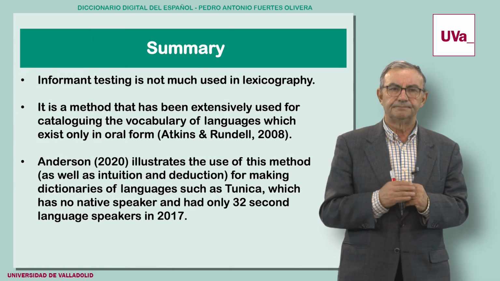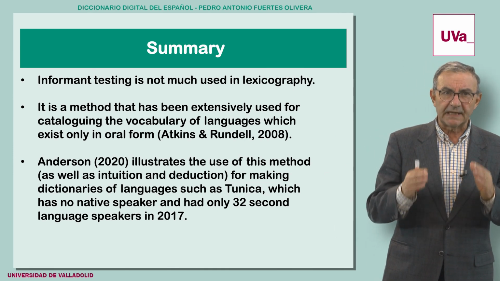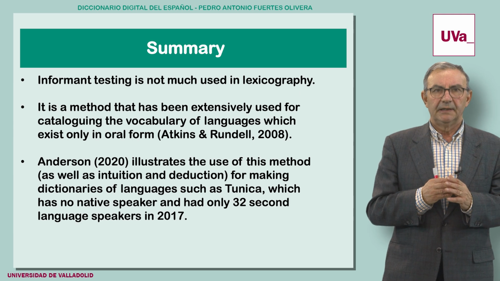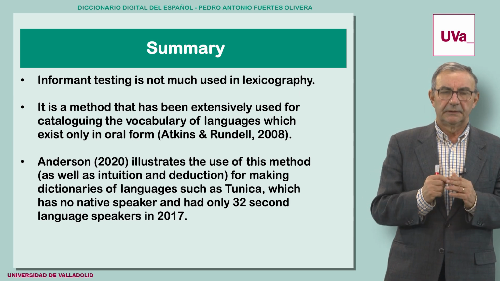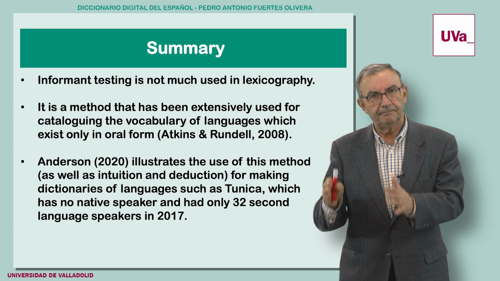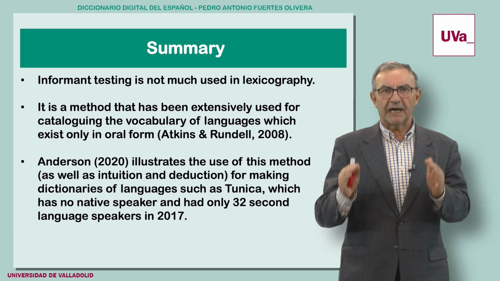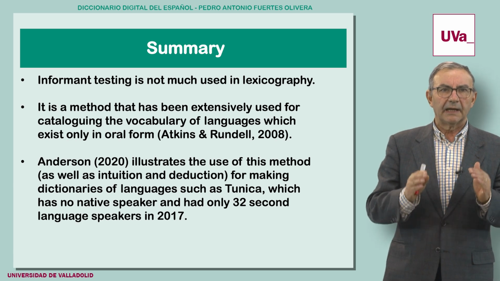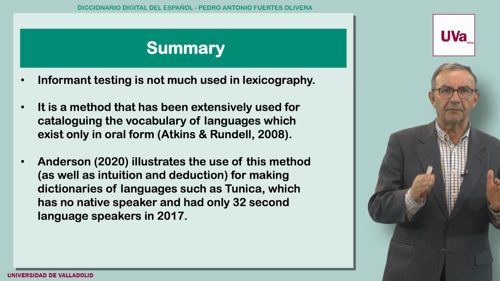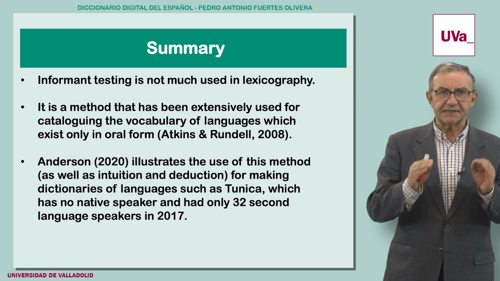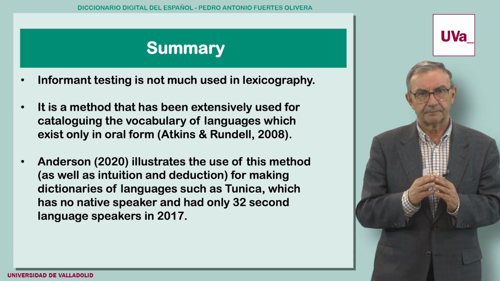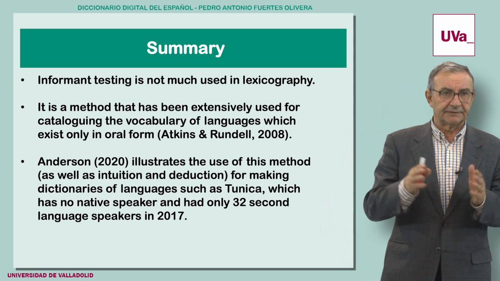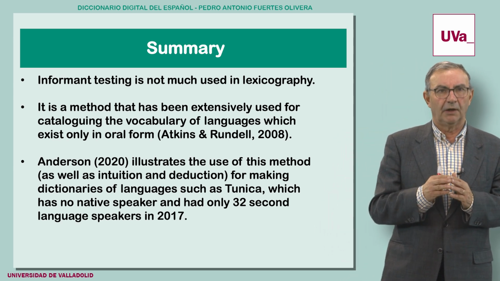In sum, although informant testing is not much used in lexicography, it is a method that you may know, basically because it has been extensively used, for example, for cataloging the vocabulary of languages which exist only in oral form. That is something that Atkins and Rundell reflect on in their book of 2008.